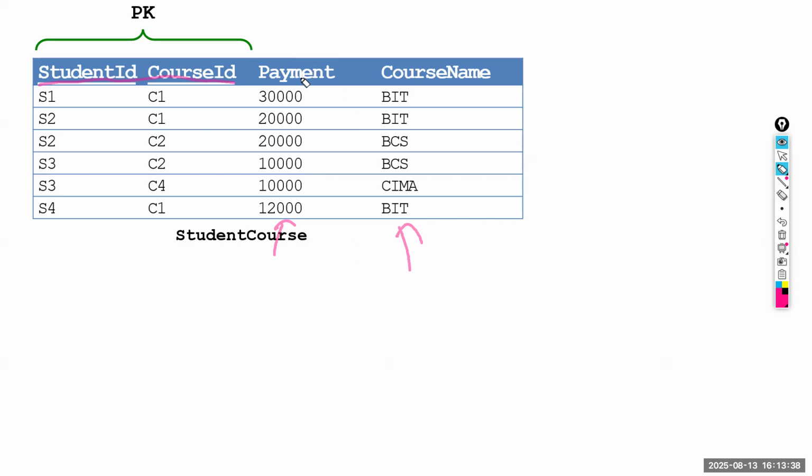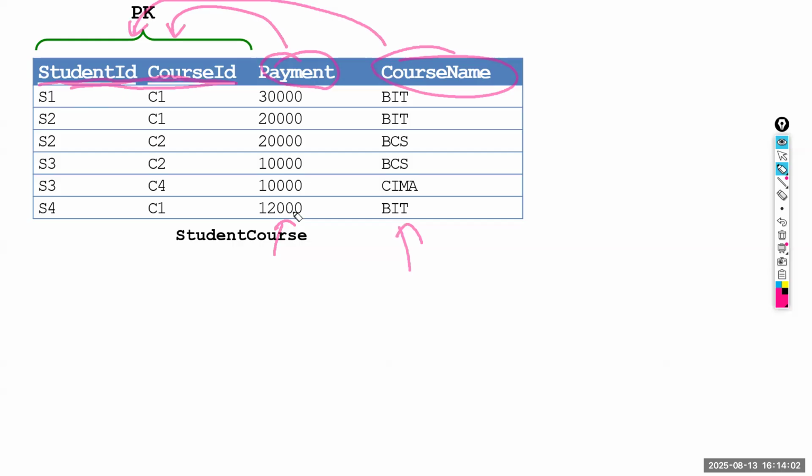Now, second normal form says all your non-key fields, in this case, payment and course name, are the non-key fields because this is the composite primary key. All your non-key fields must depend on the full primary key, not part of it. That is what is meant by no partial dependencies.